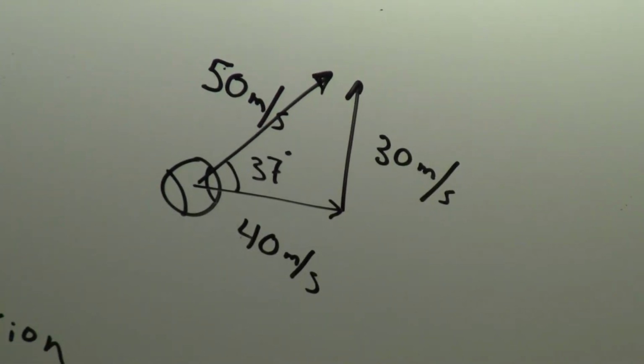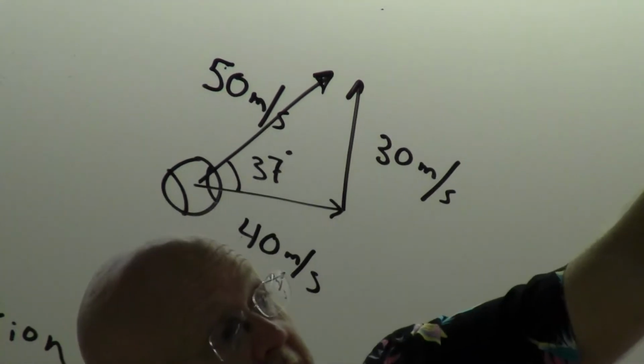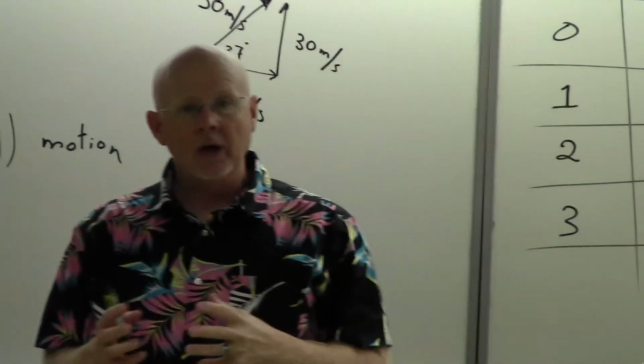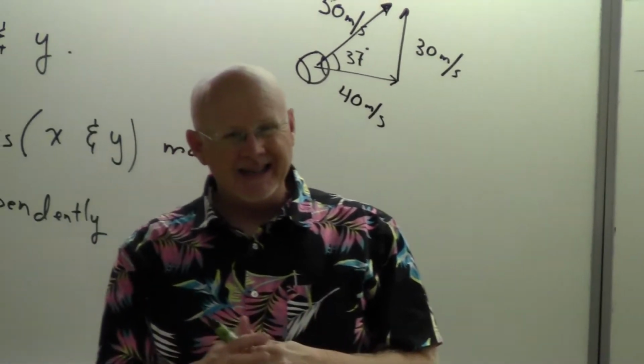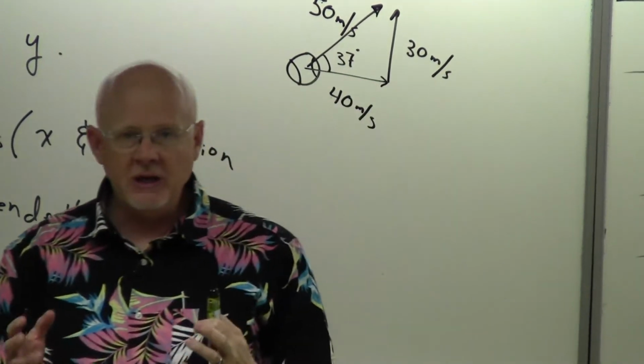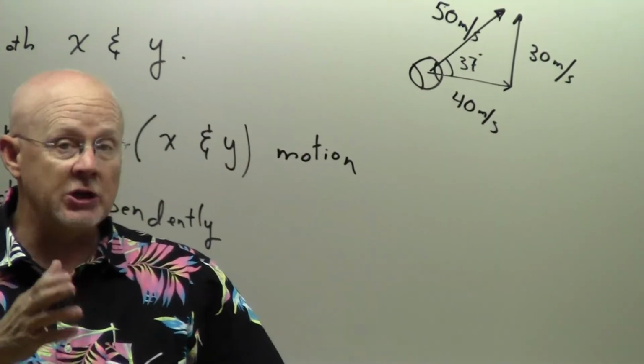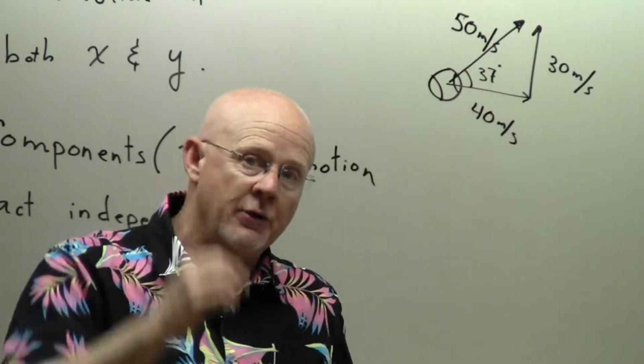And this brings us back to our discussion on vectors. And so again, I'll give it a little sideways nudge like this. But then I need to realize, wait, 50 is not the speed I want to work with. The 50 is a combination of 40 horizontal and 30 vertical.